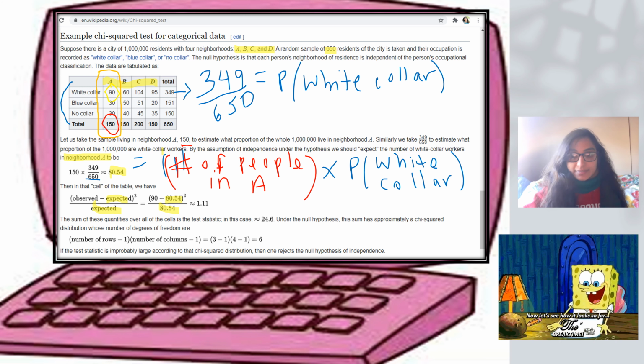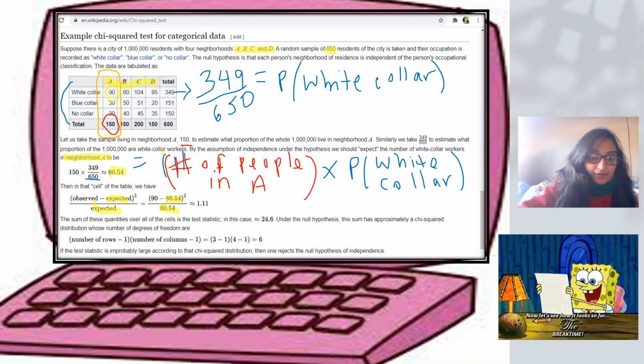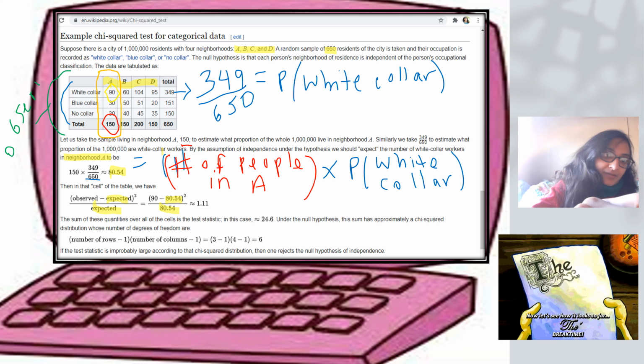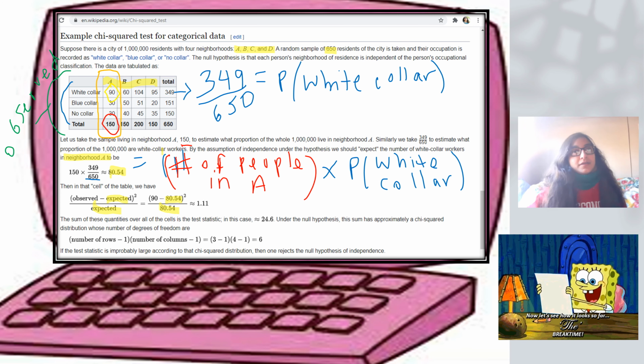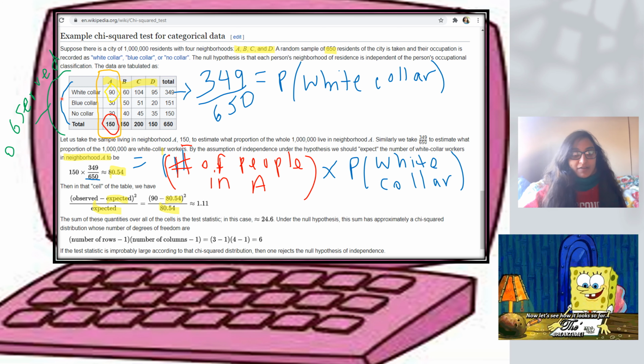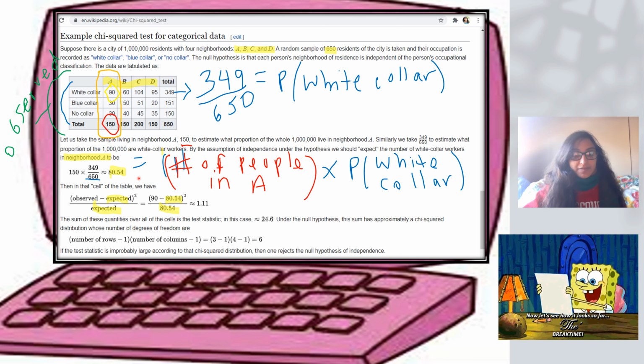And it's important, guys, to remember that these are all of our expected values. This is all our observed. These are all the observed values that we have. That's what these values all represent, what we have observed, and these are our expected values here.